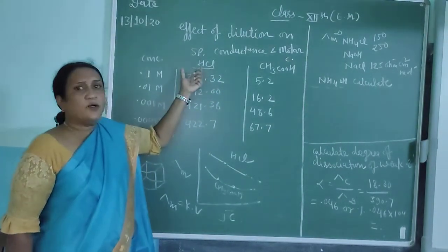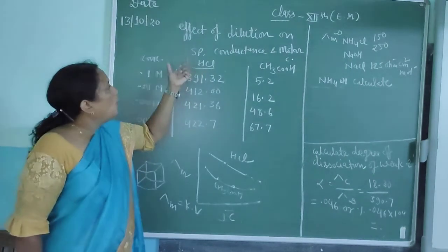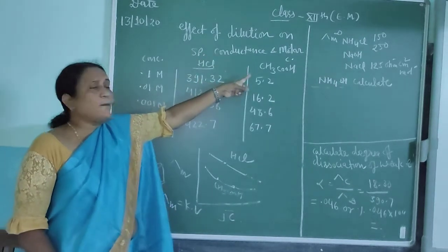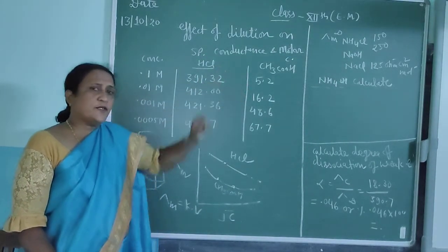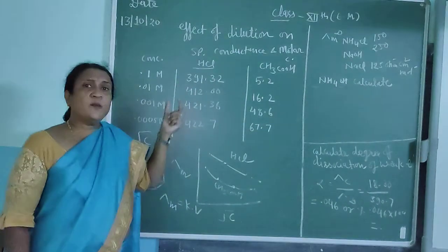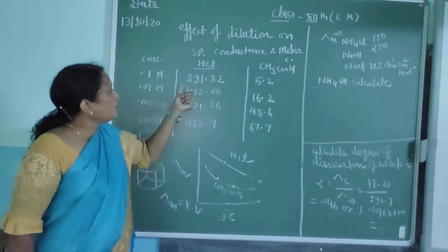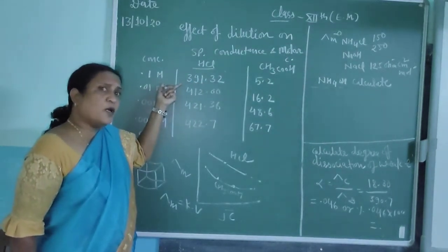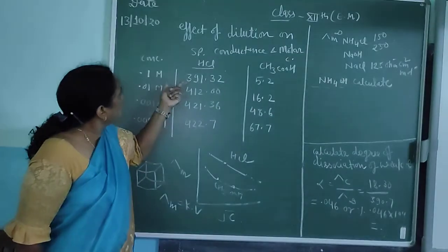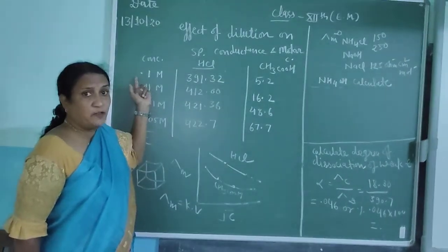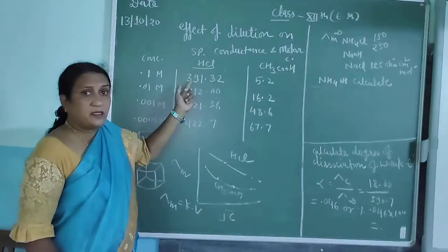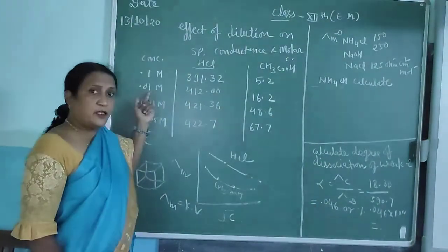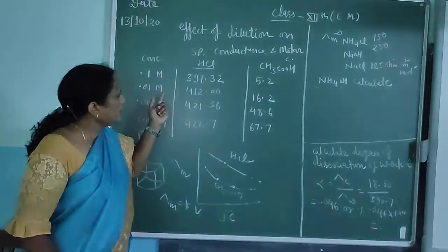Here I took two examples. One is of a strong electrolyte, that is HCl. Another I took the example of acetic acid, which is a weak electrolyte. When I talk about the strong electrolyte, as you are seeing here, it is already very high, near about 391.32 when the concentration is 0.1 molarity. Then I again increase the dilution, decreasing the concentration.